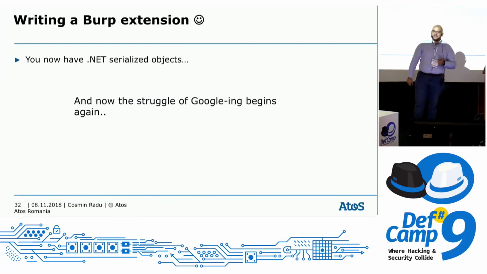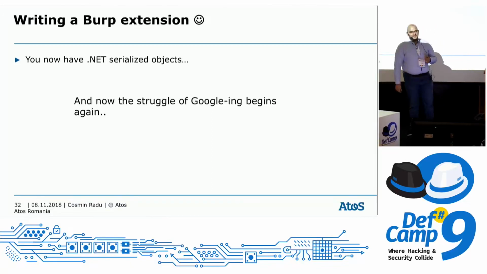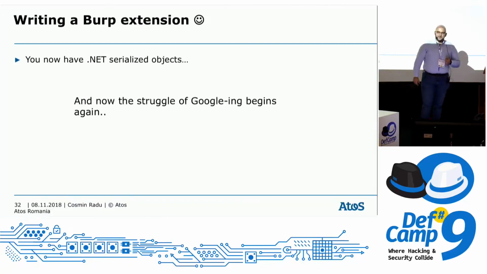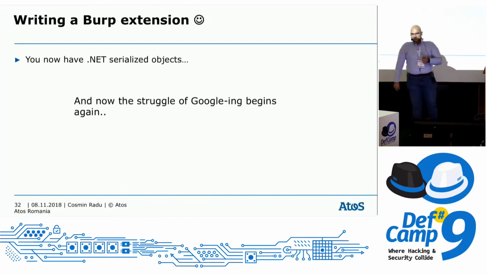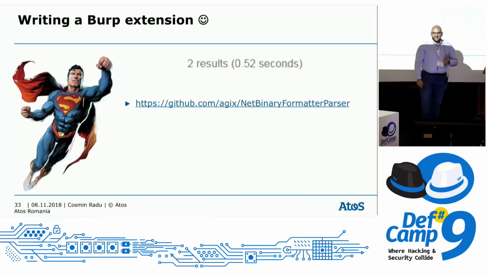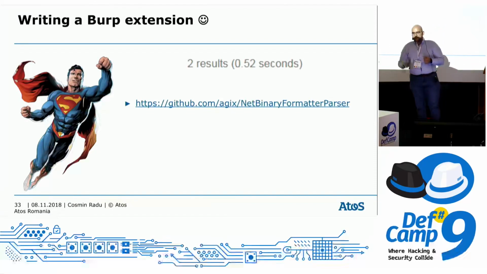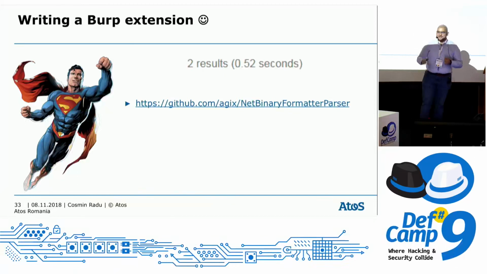But I was stuck after the decryption with .NET serialized objects, which are cool objects, not. And the struggle with Googling begins again. This guy is my second superhero. He's the only guy that thought about writing a .NET binary formatter parser in Python.